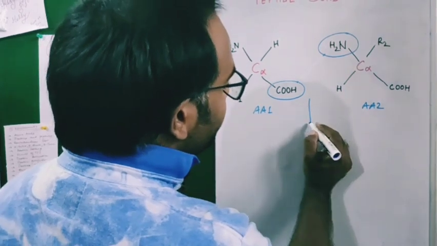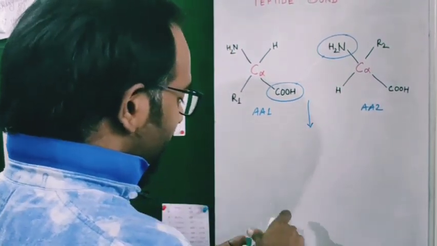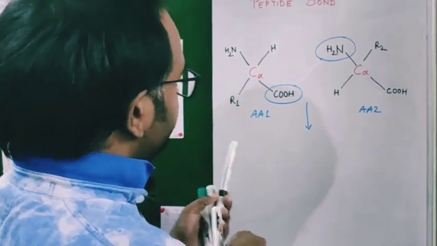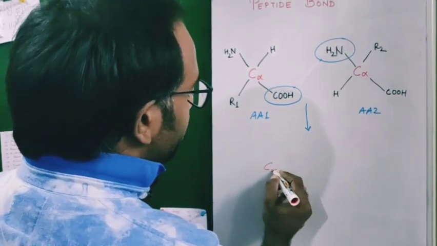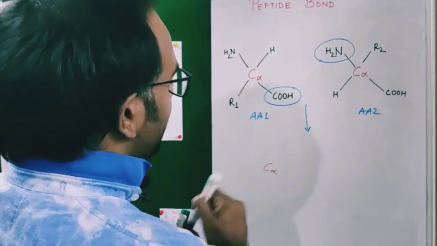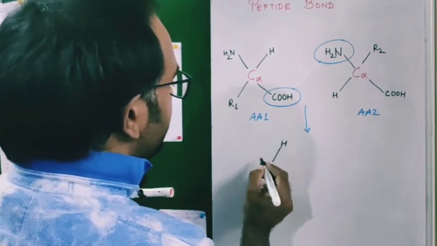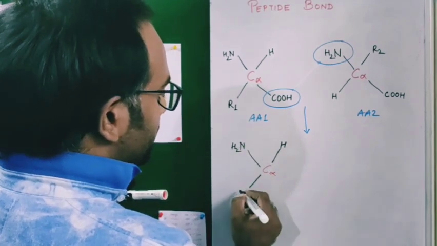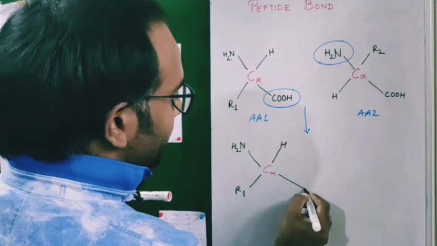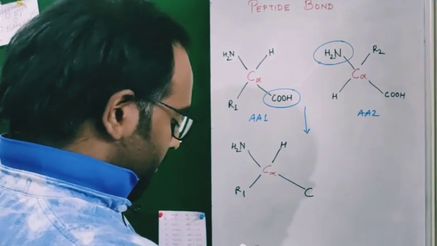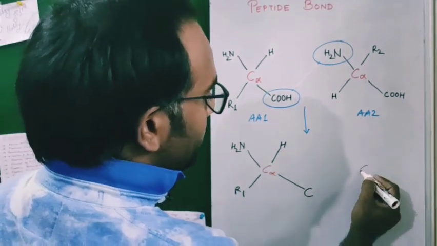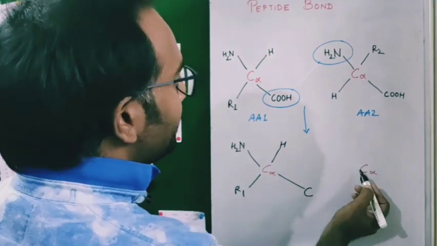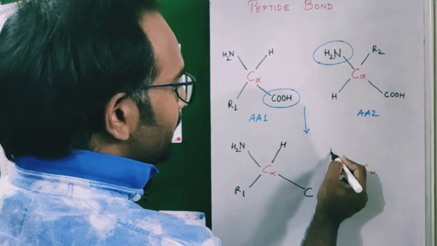Here we are drawing the peptide bond. This is the alpha carbon of the first amino acid, hydrogen, amino group, R1, and this is the carbonyl group of the first amino acid. Now this is the second amino acid's alpha carbon atom, and this is the amino group.